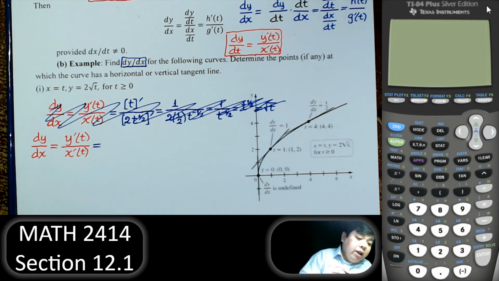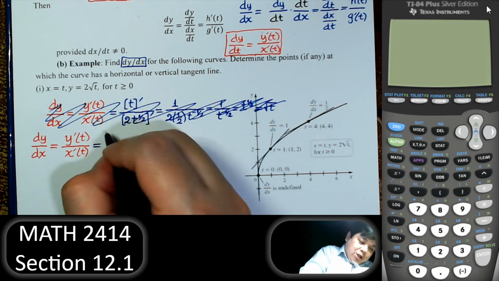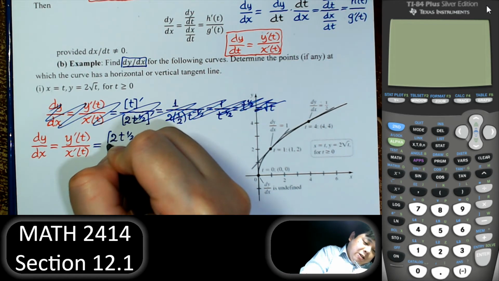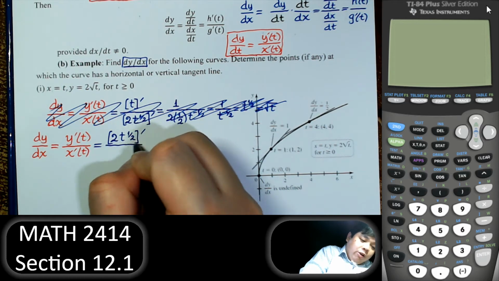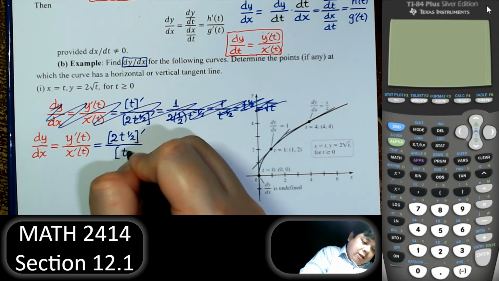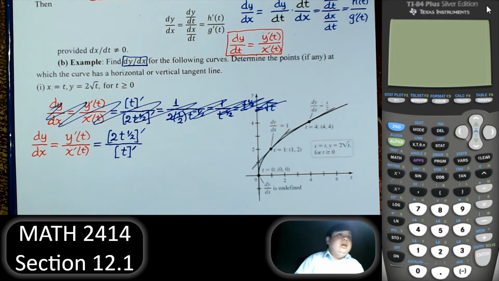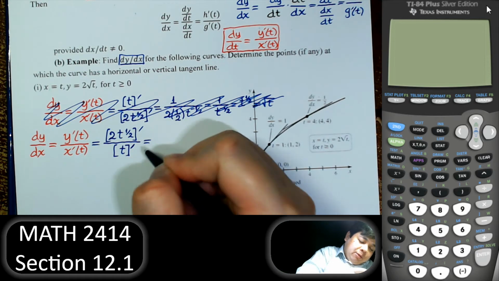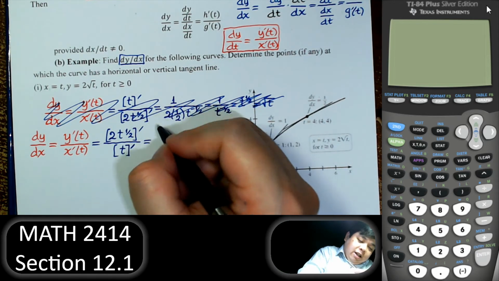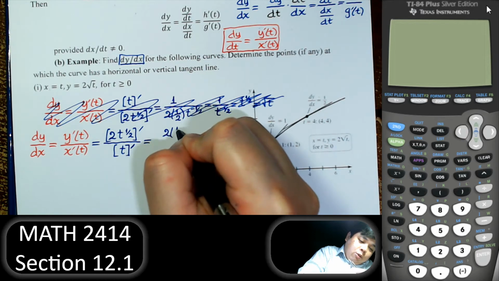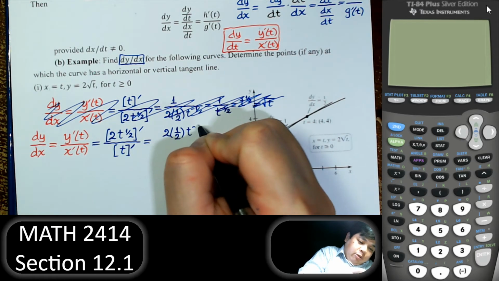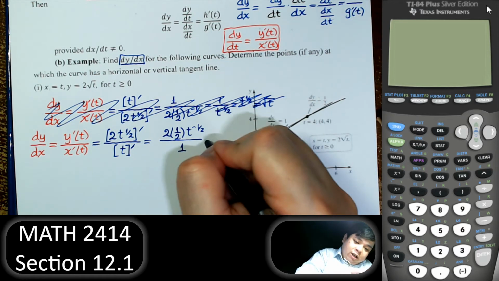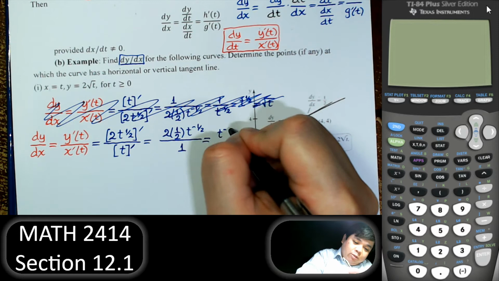First, y is 2 square root of t, and we need the derivative of y over the derivative of x. So make sure you write out what is x and what is y correctly. Derivative of this is 2 times 1/2 t to the negative 1/2. Derivative of t is 1. So they cancel out, we have t to the negative 1/2.